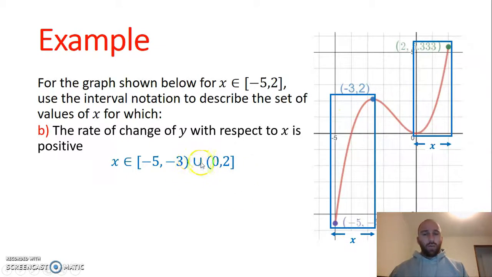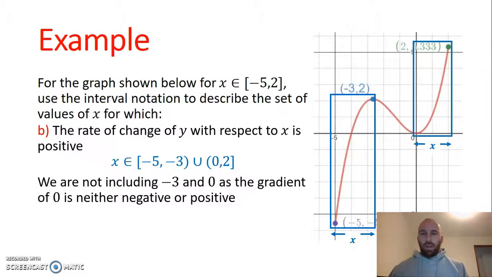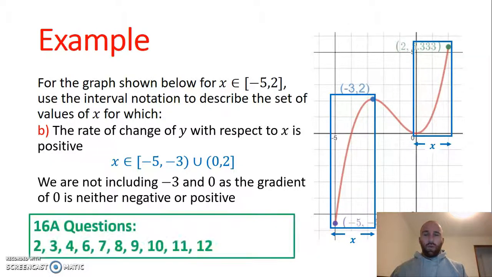Then we go to the union sign, the little U, open bracket 0, because remember this is another 0 rate of change, and then we finish at 2. So these are our 2 sections of positive rate of change. Okay, so please make sure you list those domains correctly. And again, I just stated that we're not including -3 and 0, as a gradient of 0 is neither positive nor negative.